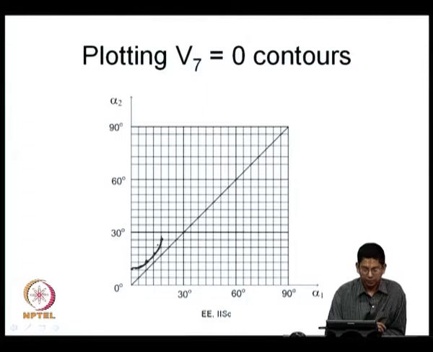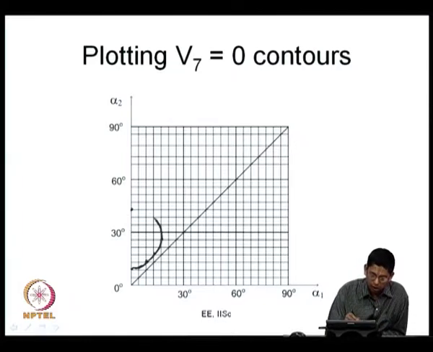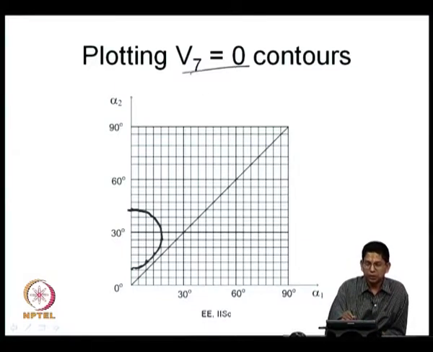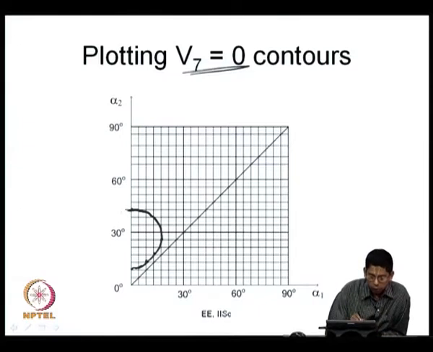If you go the other side, you will have 1, 2, 3, 4. So, you have this coming around and going back to this. This is the cos 7 alpha 1 equals 0 contour, and of course, you have this curve going to the left also.